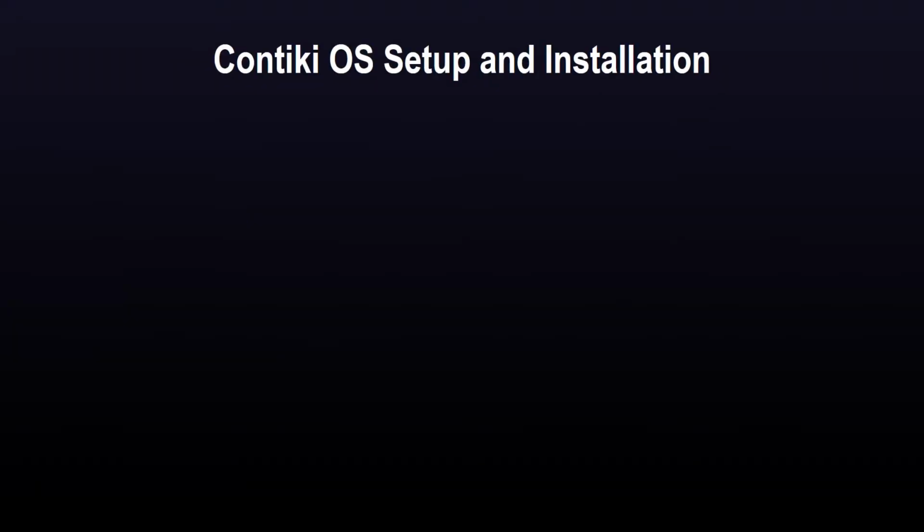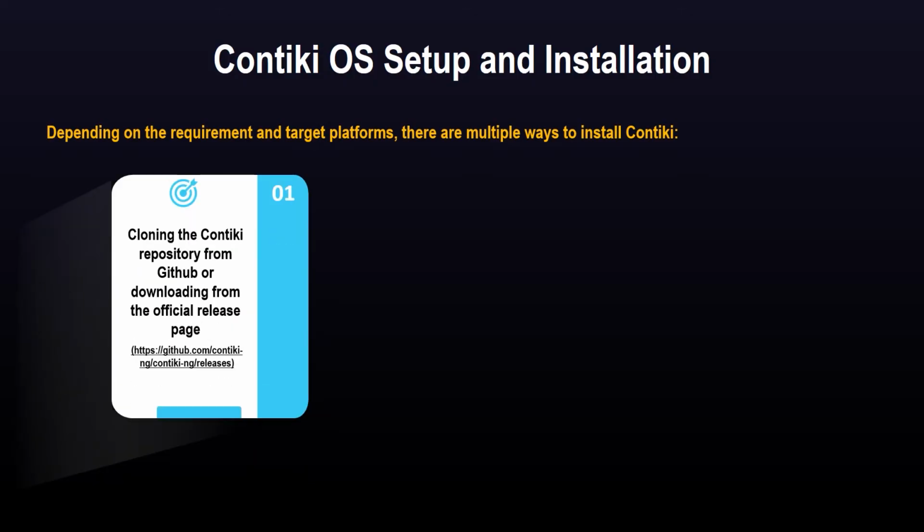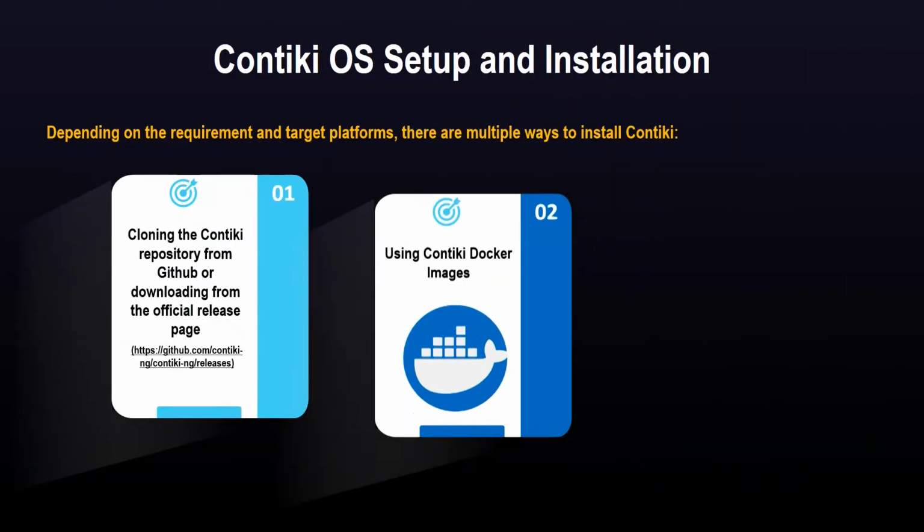Now let us understand how to install and set up the Contiki operating system. Depending on the requirement and target platforms, there are multiple ways to install Contiki. The first is cloning the Contiki repository from GitHub or downloading it from the official release page. The second could be using the Contiki Docker images.